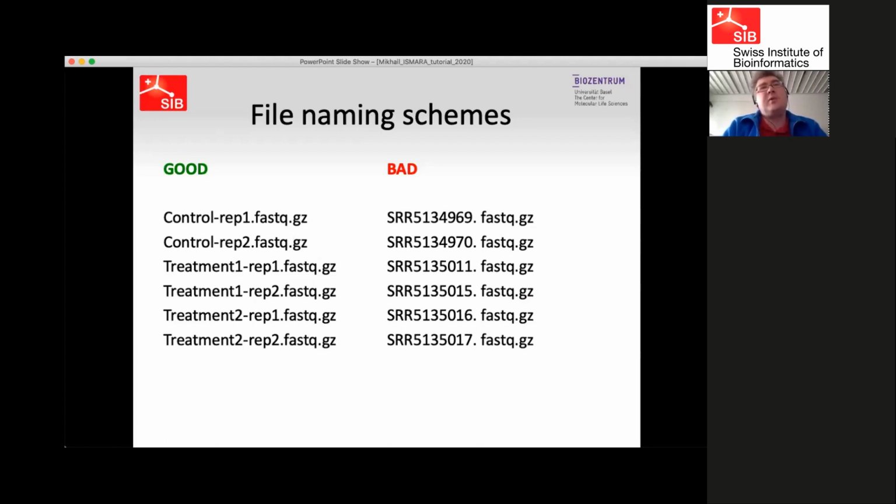There are comprehensive sample names, which will be automatically ordered properly on all the plots. On the right is a bad example where we have identifiers from a database, and in order to properly understand the results, you first need to make some kind of reference yourself to assign every identifier to the proper condition.